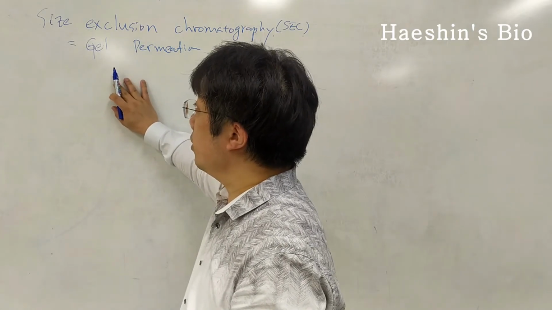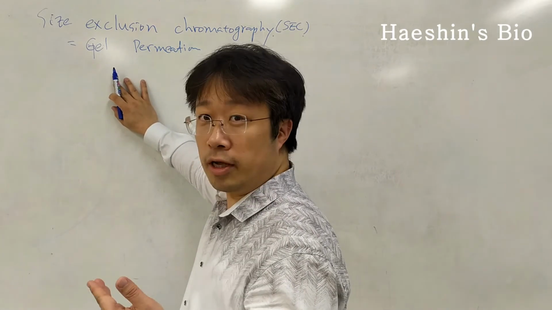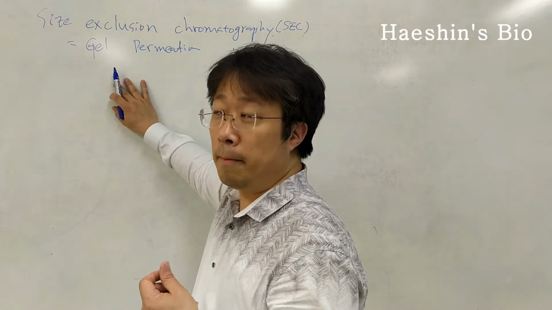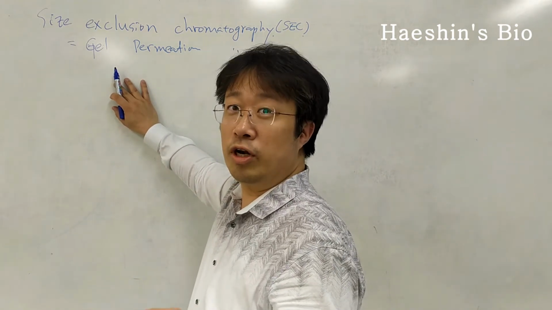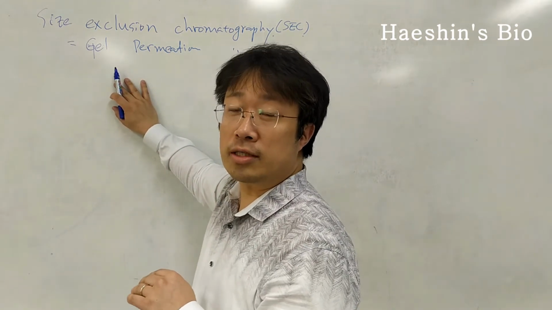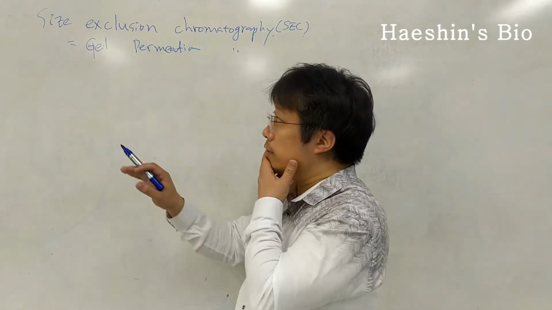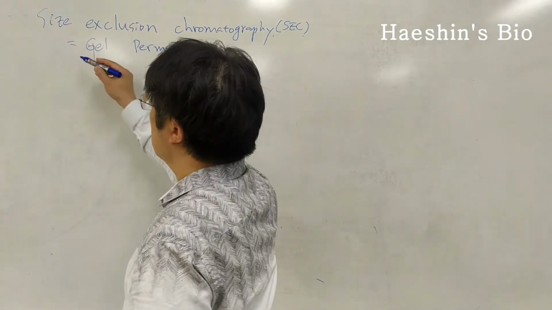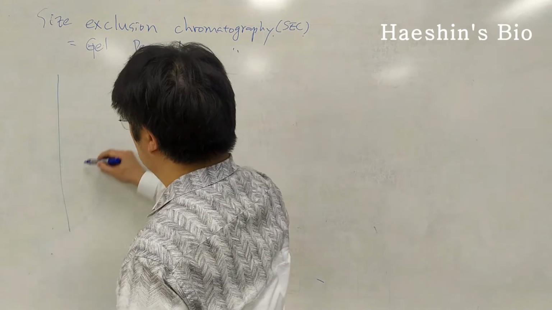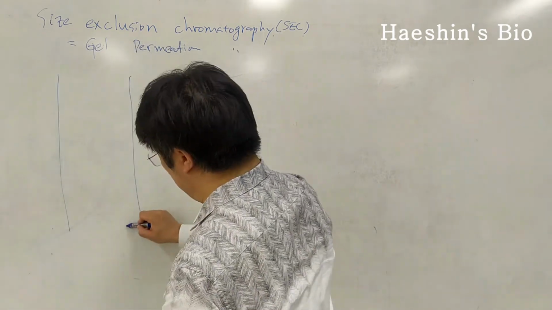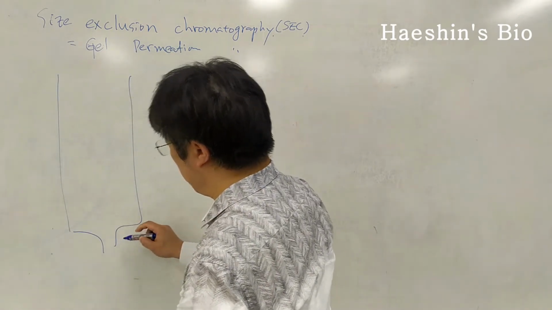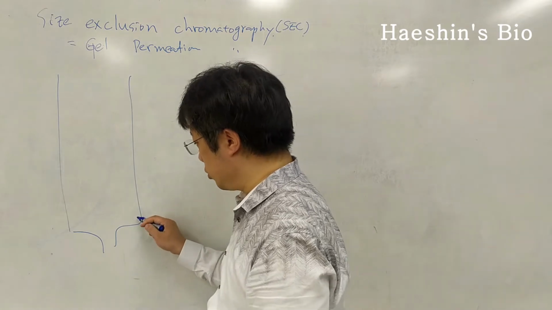The reason why I explain size exclusion chromatography first is related to our previous class, which is the hydrogel, because this technique basically has the following process. You have a bead.